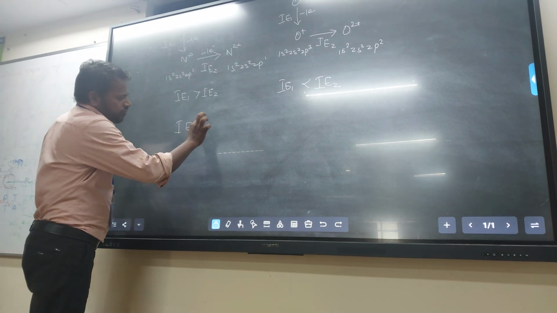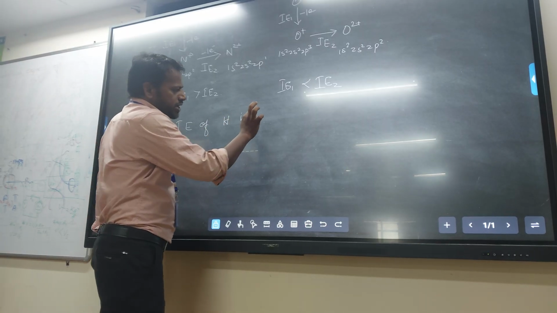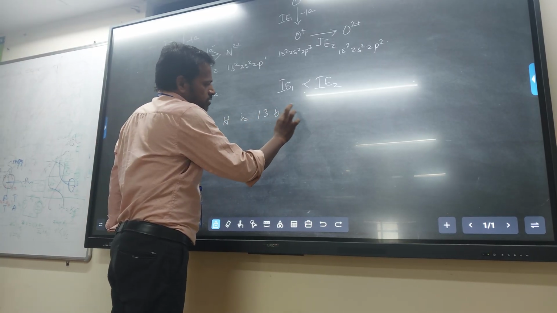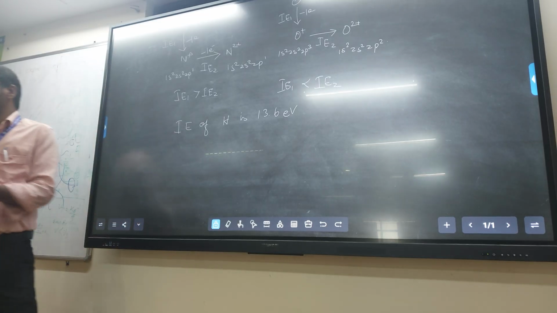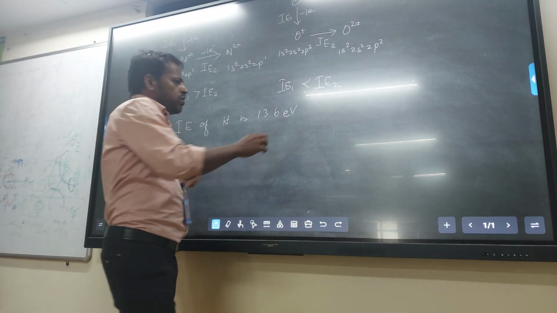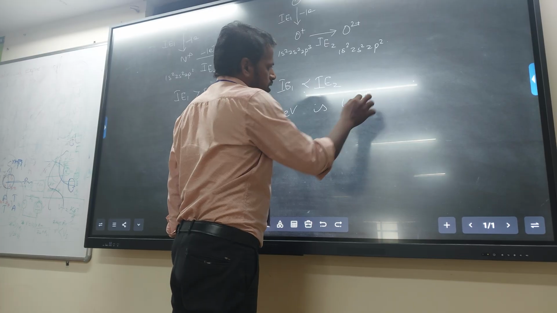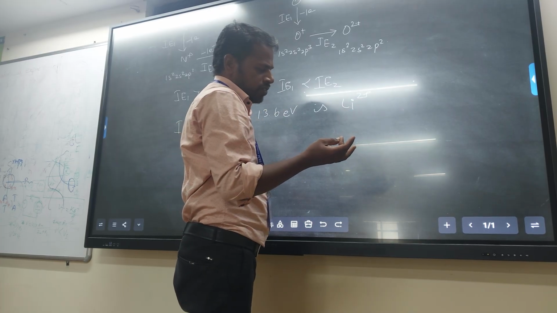Ionization energy of hydrogen is nearly 13.6. Okay, not sure, maybe 13.6 electron volt. Lithium 2 plus, hydrogen, helium, lithium.